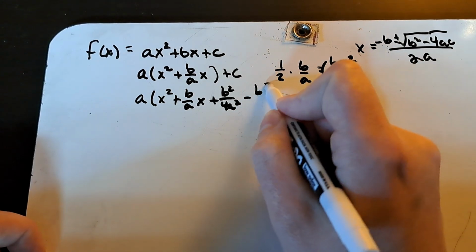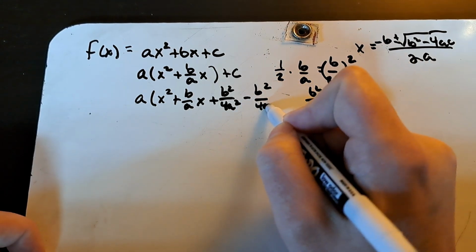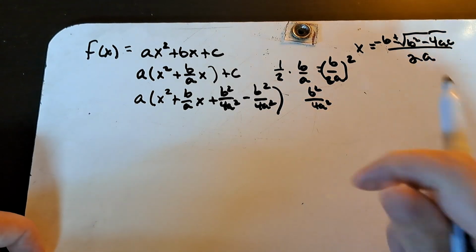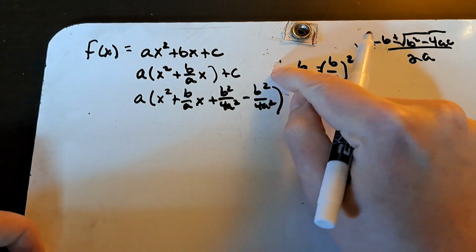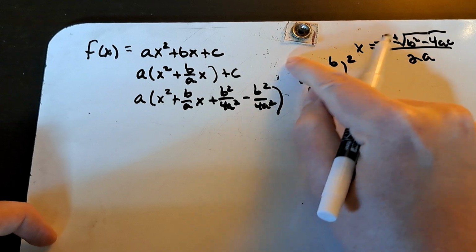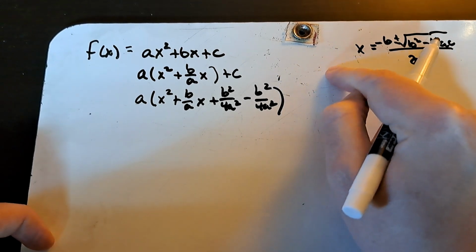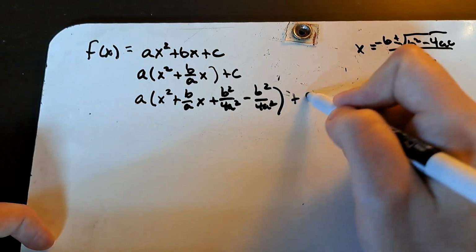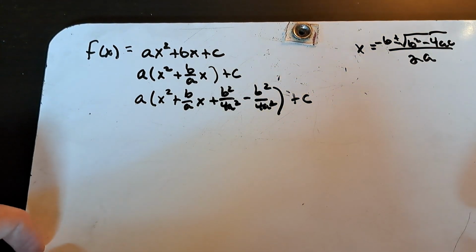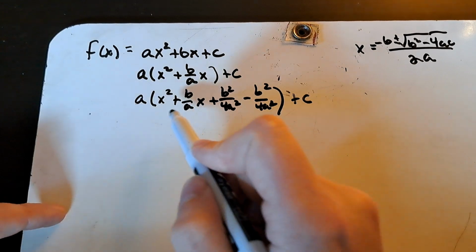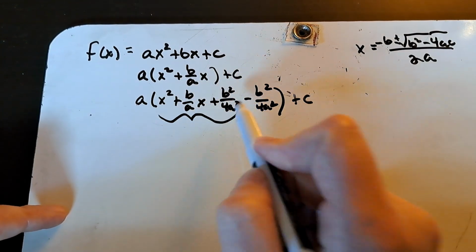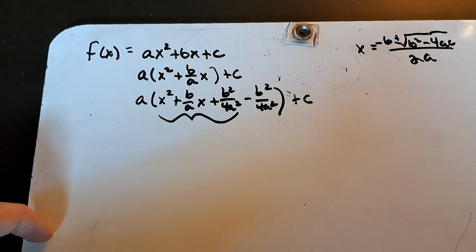And then I have to subtract that. And let's get rid of this out of the way so we don't confuse ourselves. And remember, add c. Okay, so now this right here is a perfect square.